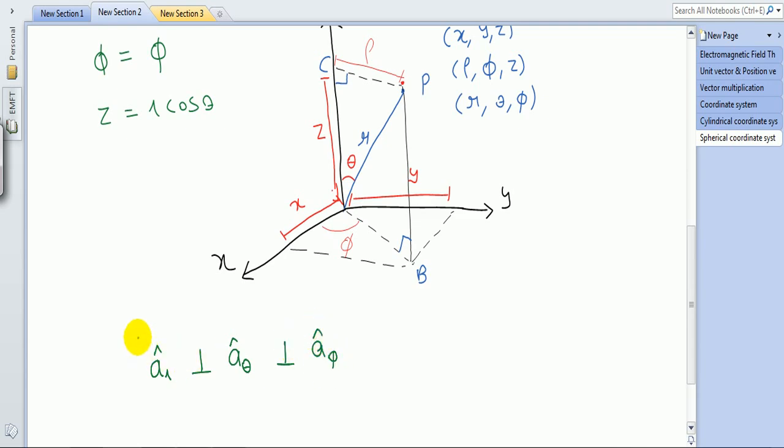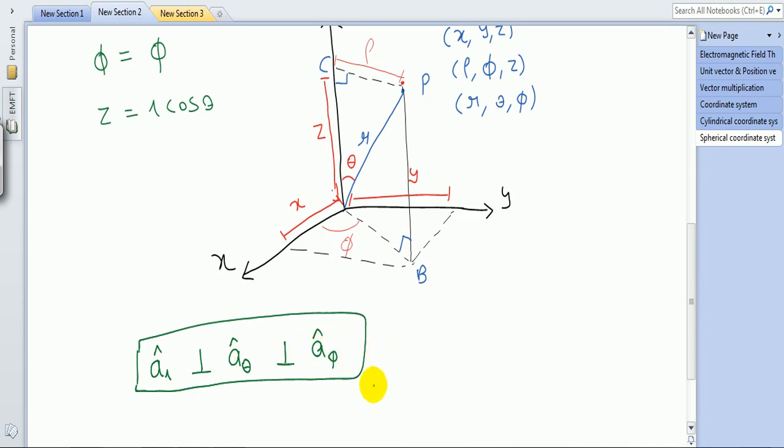Here also all the three unit vectors are mutually perpendicular to each other, that is, their dot products with the same components, ar cap dot ar cap or a theta cap dot a theta cap or a phi cap dot a phi cap, will be equal to 1.